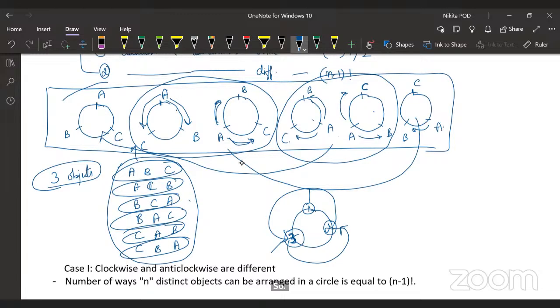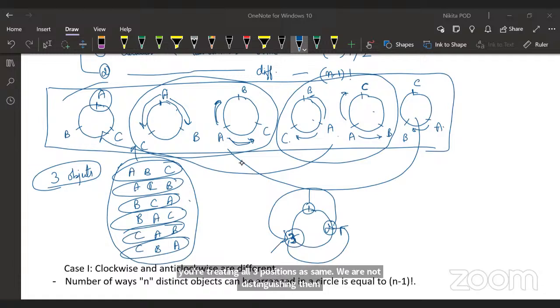We are just treating them as same. We're talking about how many different arrangements are possible. But different arrangements means if you don't give numbers 1, 2, 3 and then start arranging them, then you are treating all three positions as same. You are not distinguishing them.